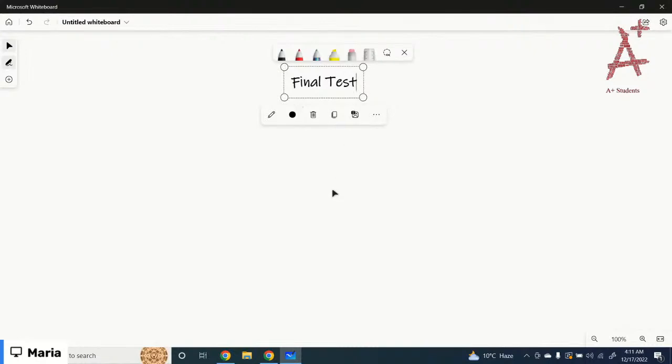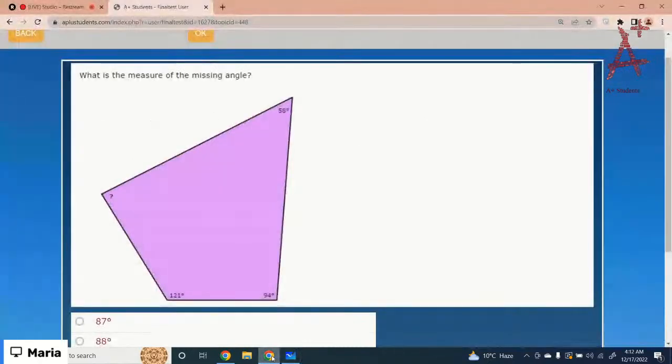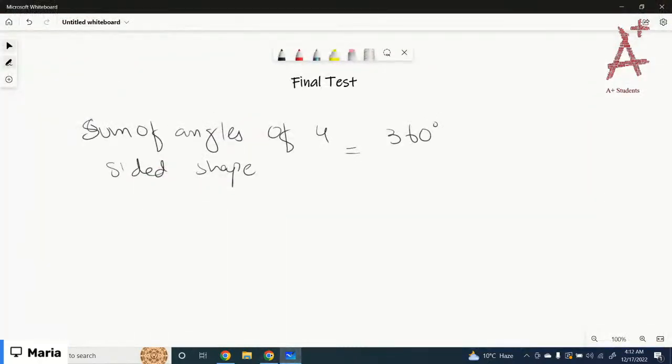The sum of angles of a four-sided closed shape is 360 degrees, got it? You are given three of the angles, and they are 58, 121, 94, and the missing one is, let's suppose, x. You have to find the missing one.